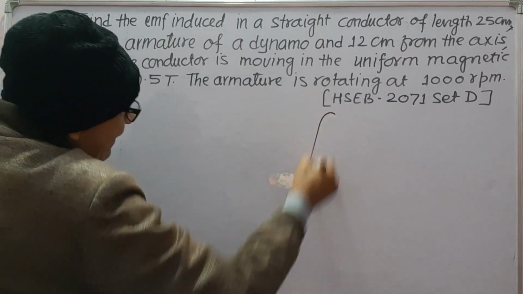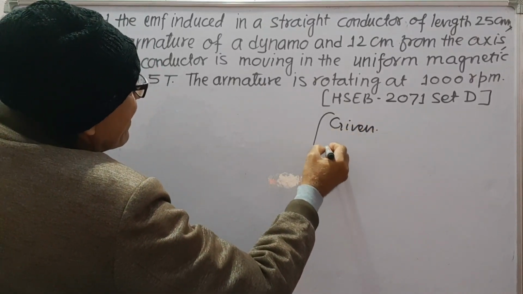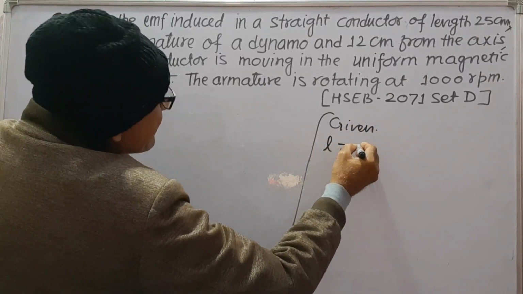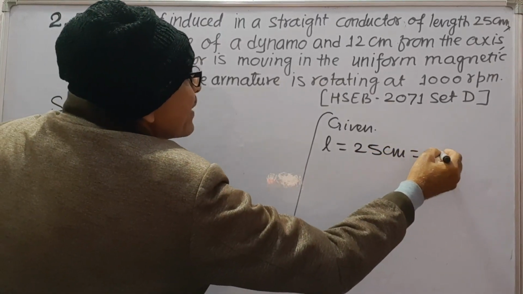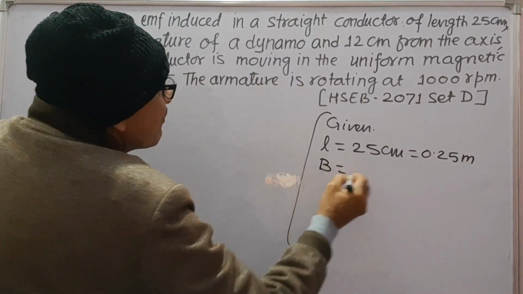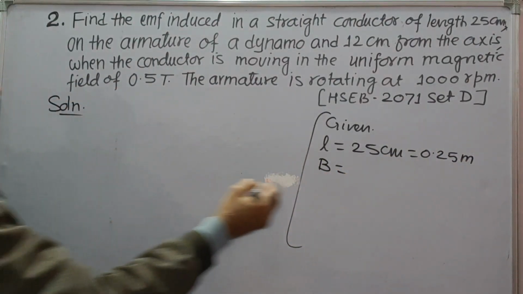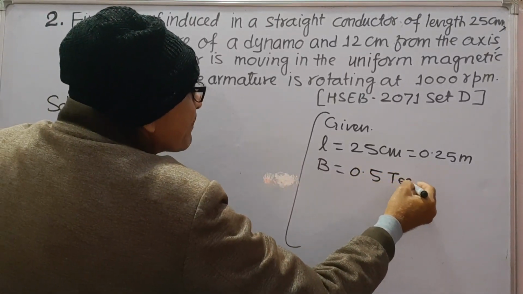Here given, length of conductor is 25 cm, which is 0.25 meter. Uniform magnetic field B is 0.5 Tesla.